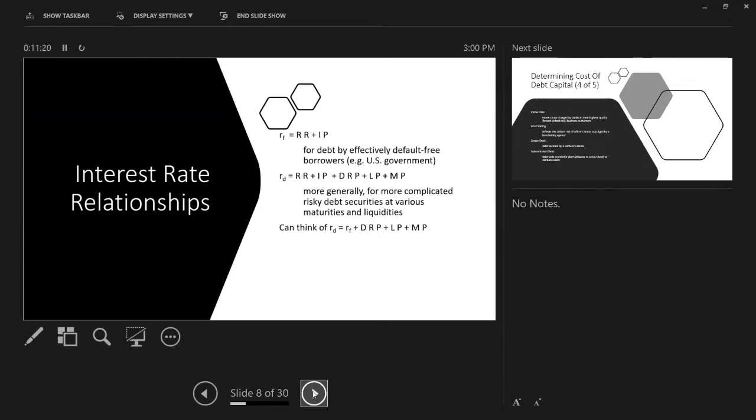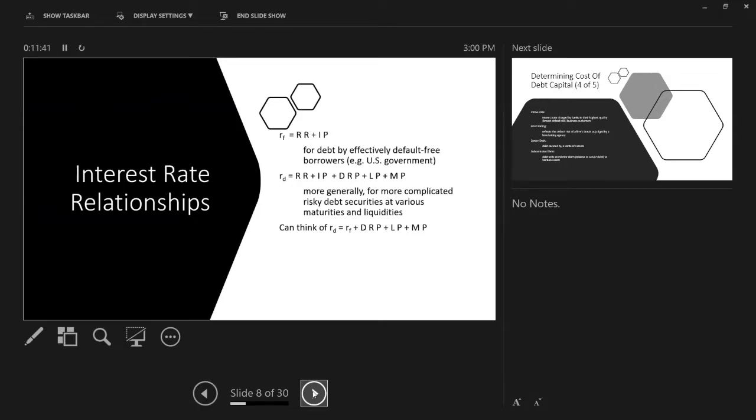So this is how we calculate. It's a simple calculation, so follow me closely. I don't think you will have serious problems understanding this. The risk-free rate of return, RF, is the real rate of interest plus the inflation premium, and it is effectively default-free for borrowers.